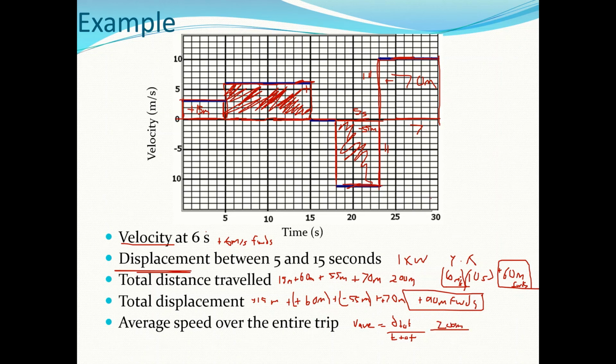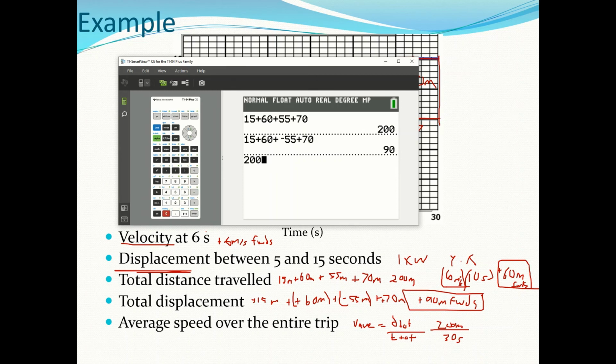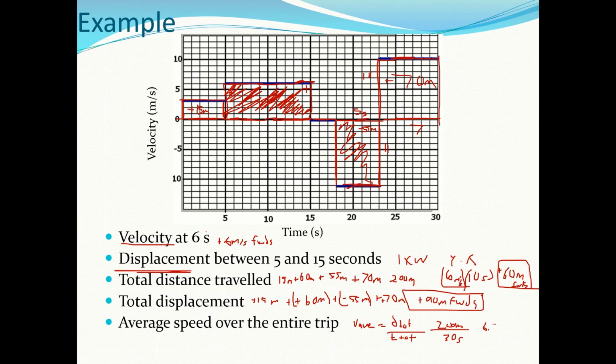And our time total, well, it looks like it ends at 30 seconds. So if I type that into my calculator, 200 divided by 30, I end up getting 1.6666. Probably good to 2 sig digs on this. So I'm going to go 6.7 meters per second. And that's all you need to do.